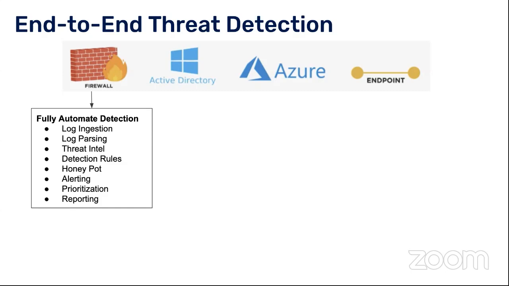So we need to fully automate the detection process, which includes all the ingestion, all of the parsing, which is essentially normalizing and getting semi-unstructured data into a structured format, comparing it to threat intel, building and maintaining threat rules, using things like honeypots that are real simple, effective tools for detecting lateral movement, notifying the right people, understanding what's most important and what needs further investigation, and then knowing what to do when something happens.